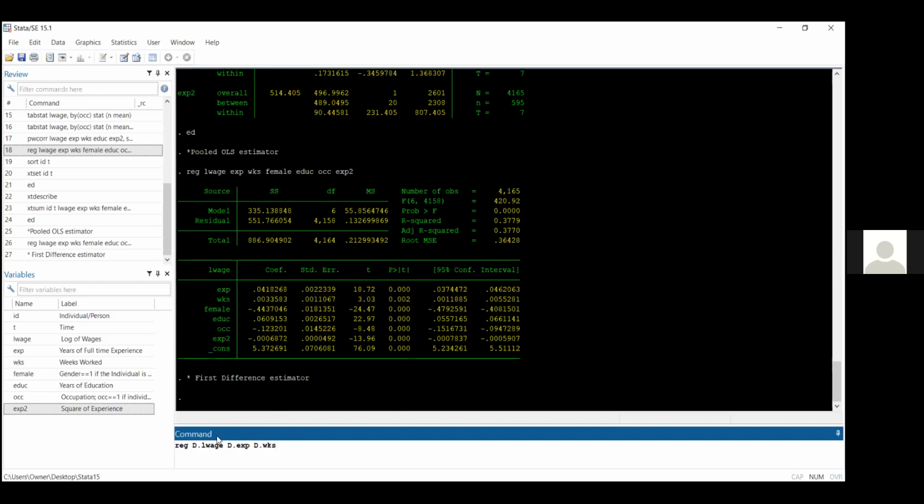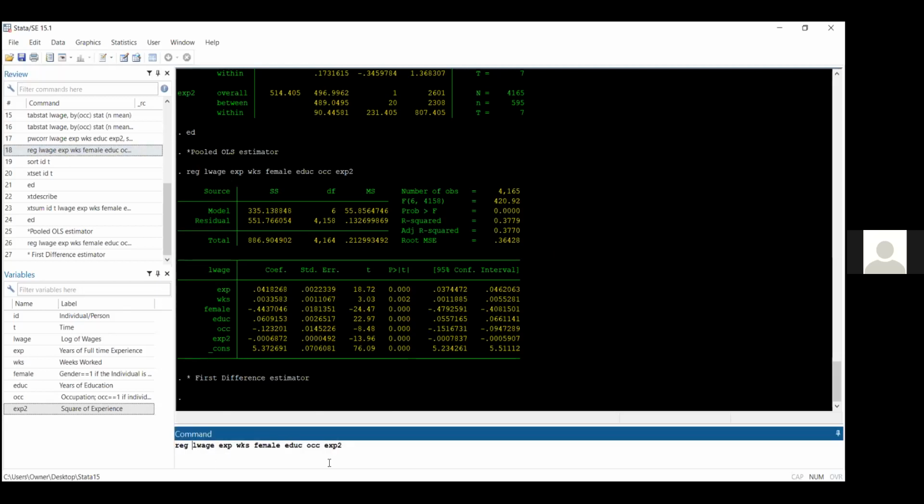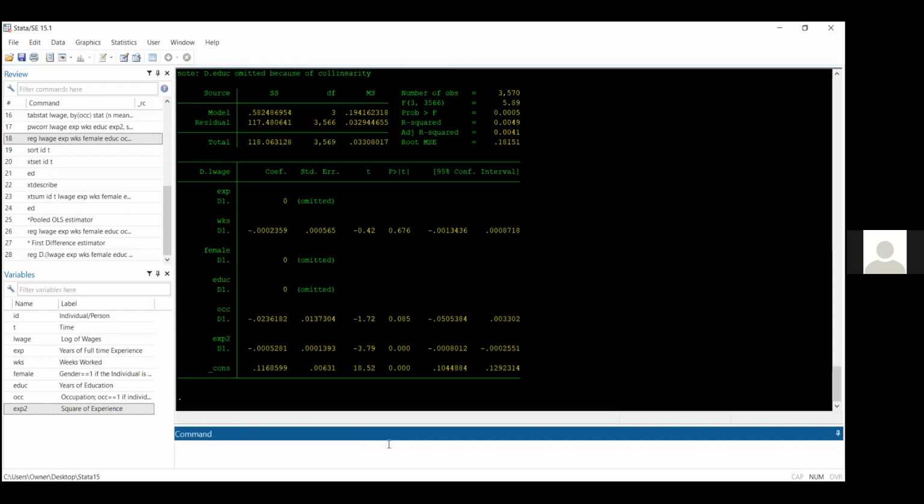But I can do this in short form, just to difference everything. Instead, this is what I'm going to estimate by entering this command. I'm putting that bracket and putting a d and a dot behind. It means difference every variable which is inside here. That's the shorter option, and then you run.